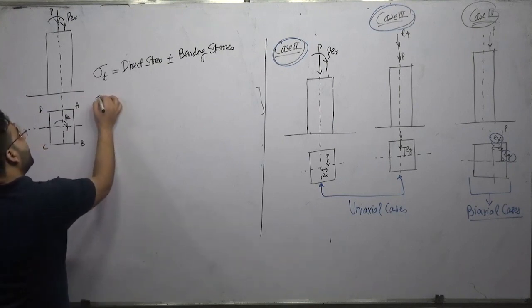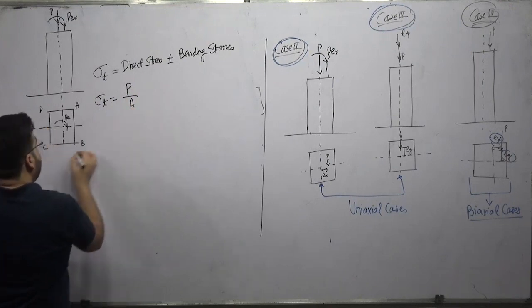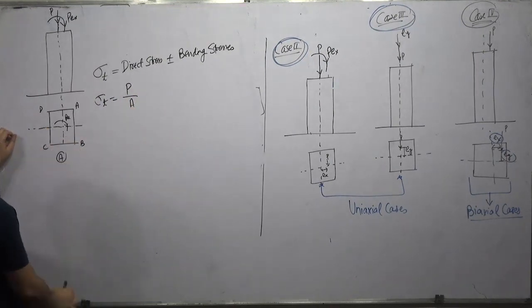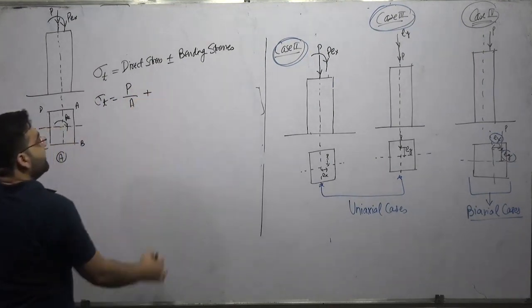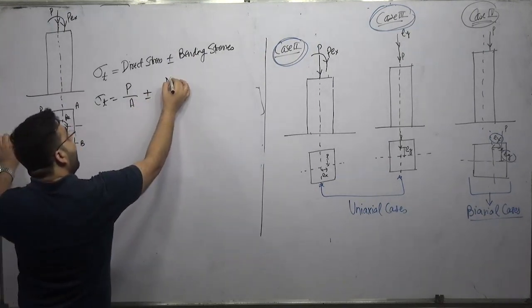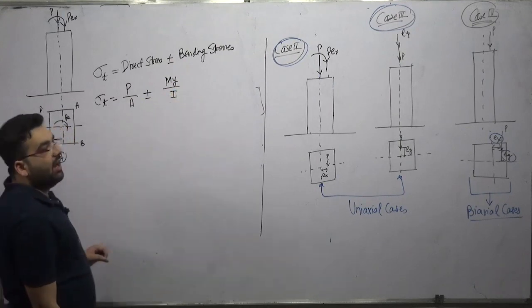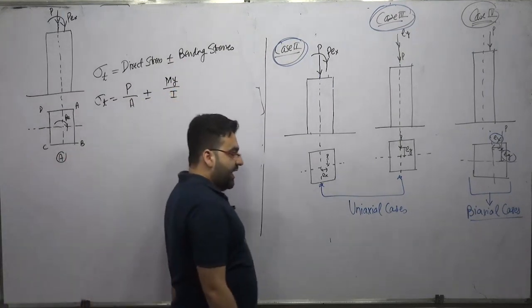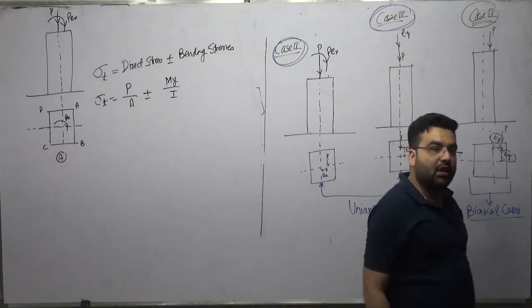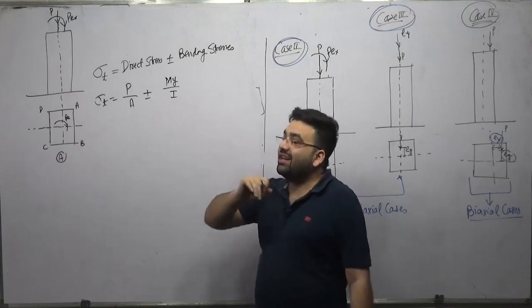So the total stresses are the direct stresses P by A, where A is the section area of this column, plus minus the bending stresses, My by I. Now listen to this very carefully regarding this Y and regarding this I.